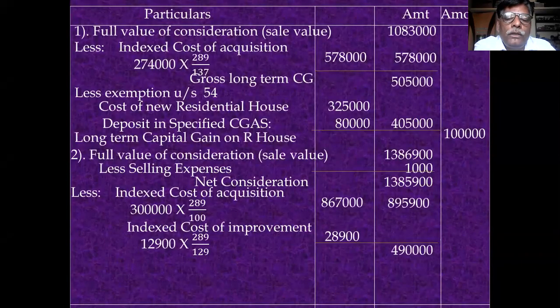Cost of new agriculture land is the deduction under section 54B.